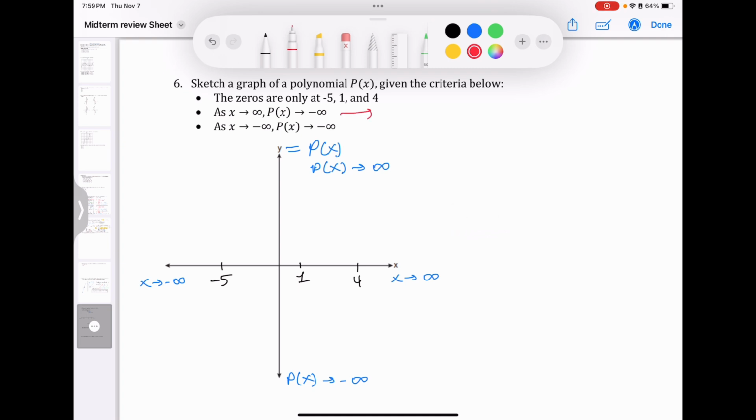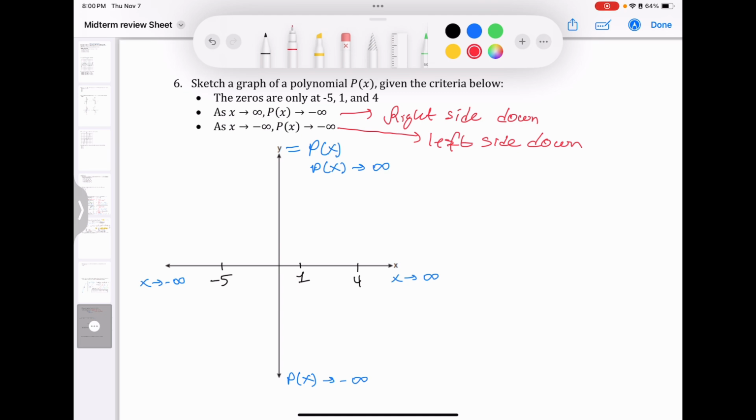So this means right side down. So the function is going to be down on the right side. And then this one over here means as x goes towards -infinity, the function is also going towards -infinity. So that means left side down. So right side is going down, left side is going down.